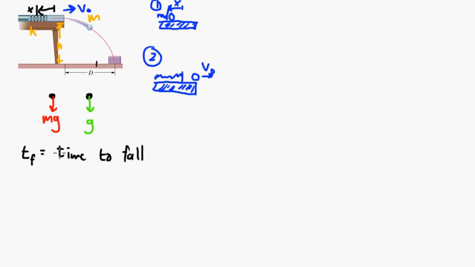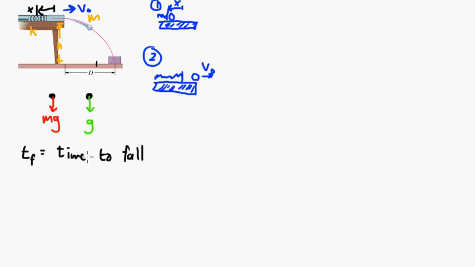All the time to fall depends on is the height and g, however long it takes gravity to accelerate it down and smack it into the floor. It can be moving horizontally at any speed, in any horizontal direction, left or right, or forward or backwards if this is a 3D thing. That's not going to affect the time it takes to fall as long as it's not starting with any vertical velocity.